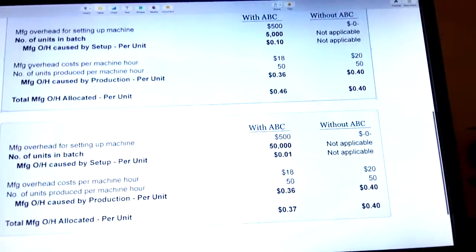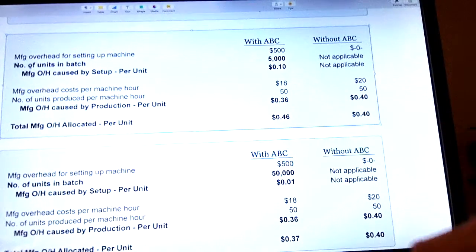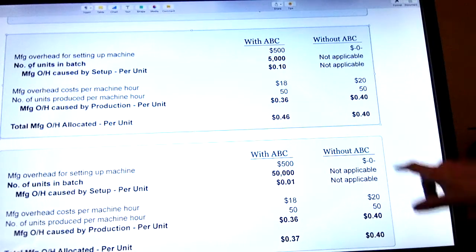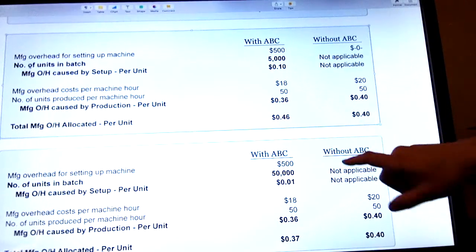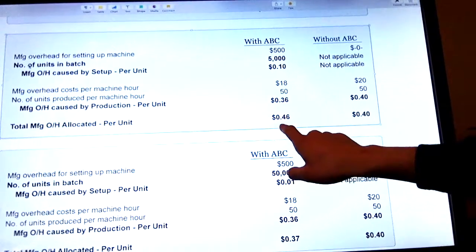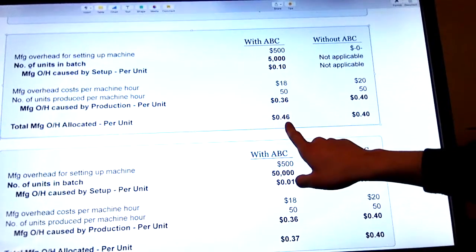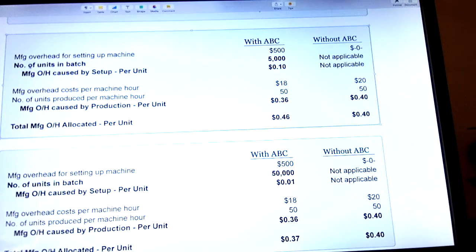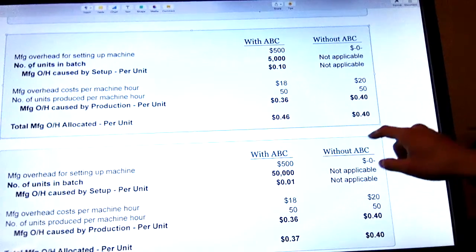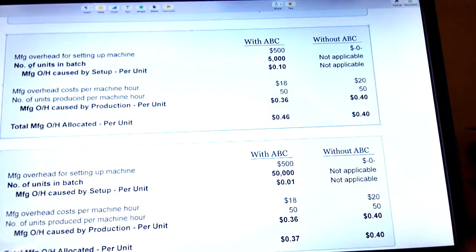And as you see right here, where you're producing a small number of units, if you were to go with this, you might produce at 40 cents a unit, but it would actually be 46 cents a unit. It costs you to have unseen costs, and you might end up making no profit if you sell at 40 cents per unit.